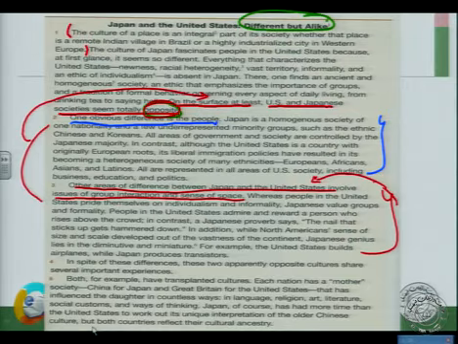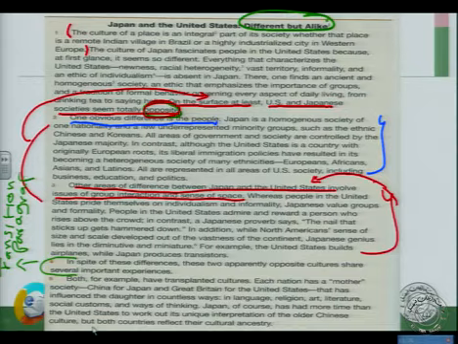It says, in spite of these differences, these two apparently opposite cultures share several important experiences. Notice, this is what we call a transition paragraph.